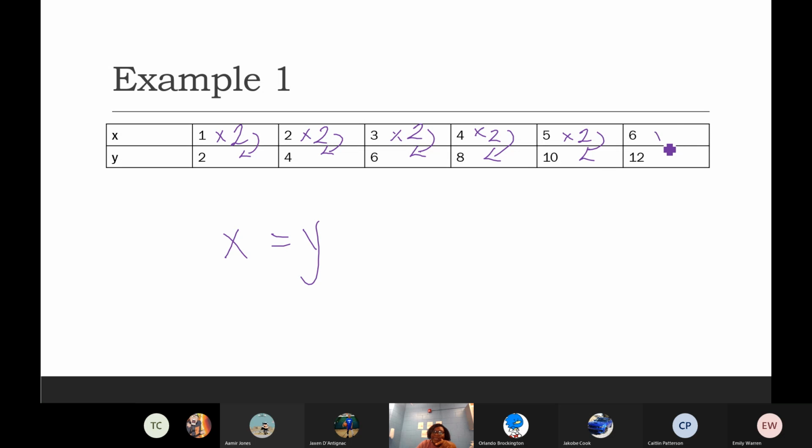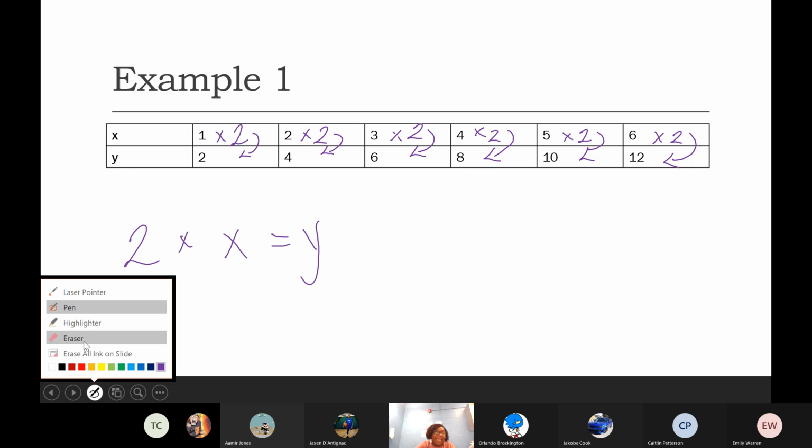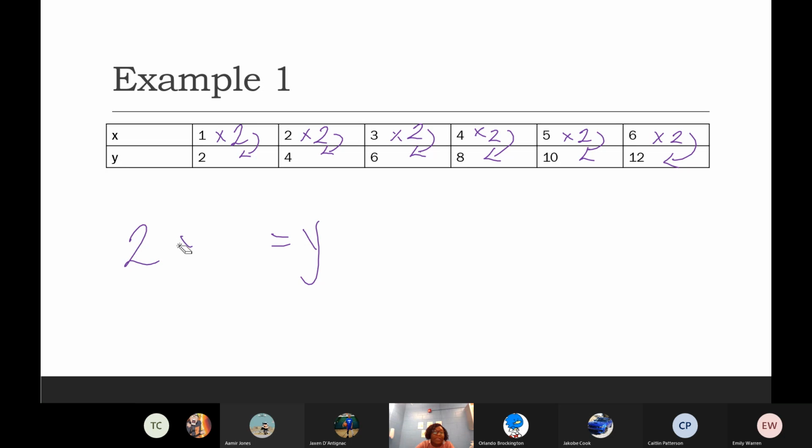So, how do I want to write that? Does anyone have any idea? In my equation, as an equation, how could I write that? Why wouldn't I want to write it like this? Doesn't this look confusing? 2xx. No. How do I write multiplication when I'm writing an equation?